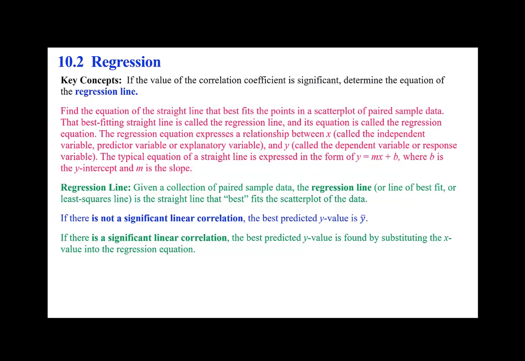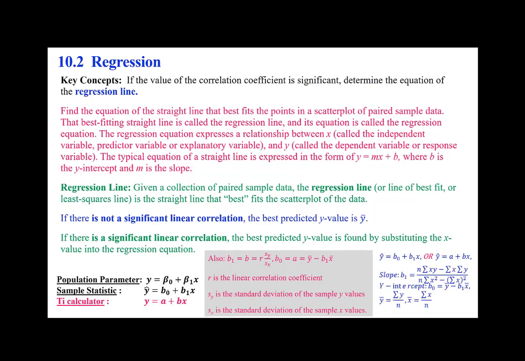And remember, y depends on x. X is the independent variable, also called the predictor, and y is the dependent variable, also called the response variable. If there is no significant linear correlation, then we always use y bar to predict any x value.